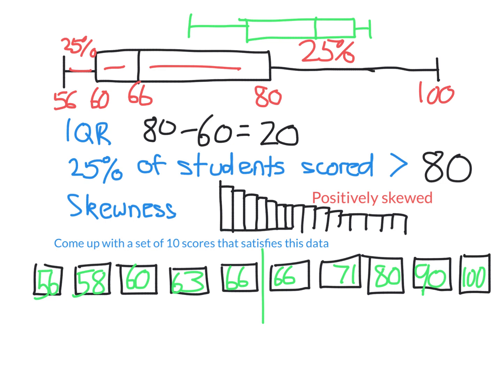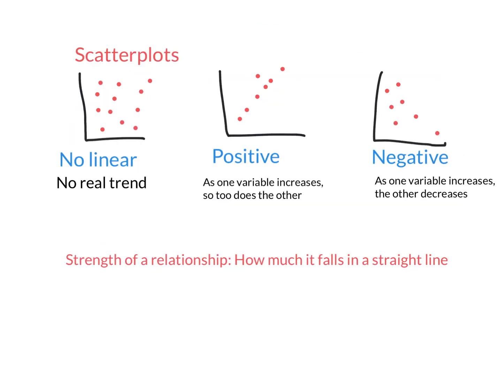All right, let's now turn our attention to scatter plots. So whereas box plots display univariate data, scatter plots display bivariate data. So each of these points has 2 values. It has an x value and a y value, and they represent 2 variables. They can be whatever you want. X could be height and weight, it could be shoe size and IQ, whatever.